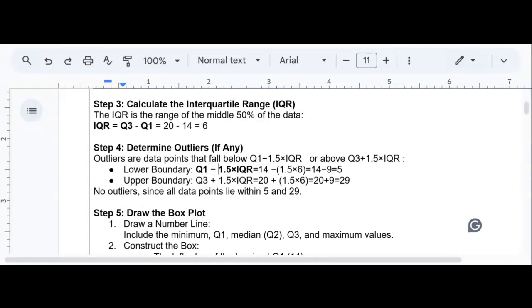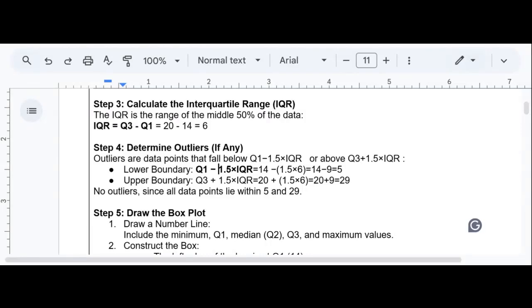Did we get the interquartile range? Yes. How can you get it? Q3 minus Q1. How much is Q3? 20. How much is Q1? 14. So the interquartile range equals what? 6. So you put here 6.